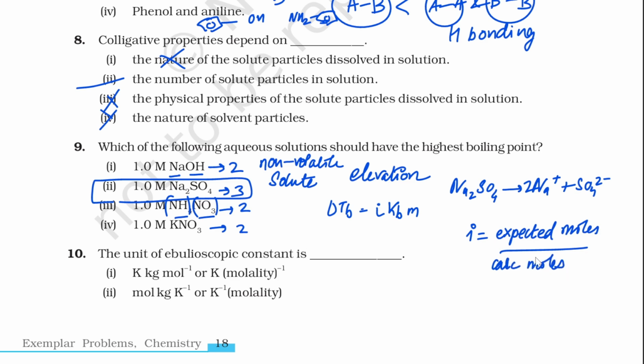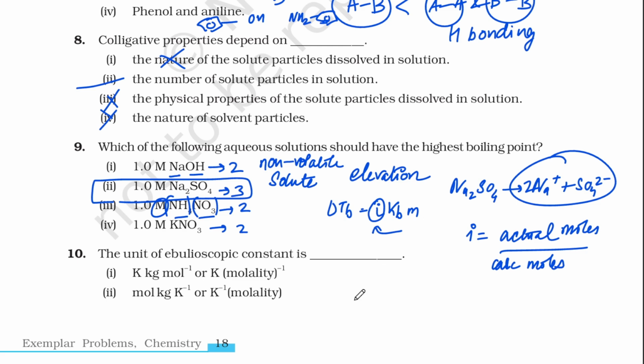It's actual moles by calculated moles. That's the definition of i, right? And even if you don't remember all of that, you can clearly see that this has more solute particles. So this is going to have a higher i value for the same molality. And all of them, molarity is the same, so let's assume molality also is going to be the same. So delta TB will be the highest in case of 2.